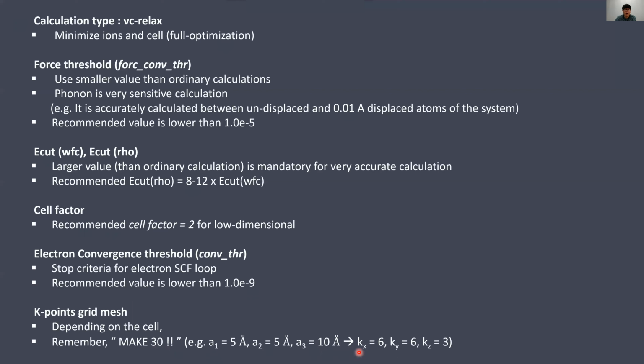For the Kx, 5 times 6 is going to be 30, right? So your A1 vector is 5, at least you can use larger than 6 in the phonon calculation. So what if the A3 vector is going to be 10 angstrom? You should make 30, right? So you can use 3 for the K point. So this concept is going to be very useful for the phonon calculation.